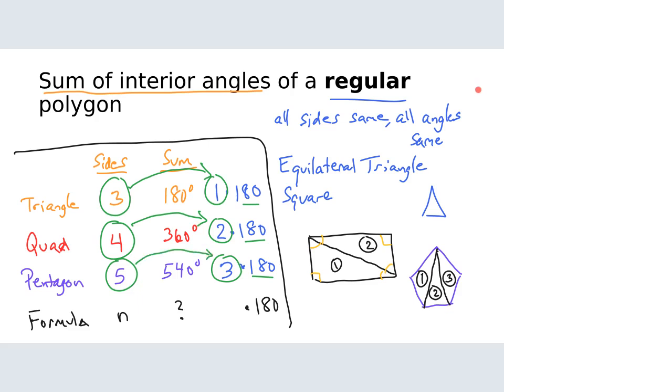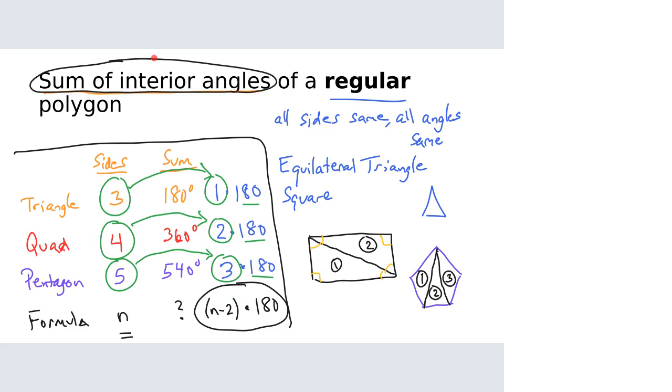So if I'm going to have n sides, then I'm going to multiply (n minus 2) times 180. And that is how I'm going to find the sum of the measures of the interior angles of a regular polygon, with this formula right here, where n is the number of sides, it's (n minus 2) multiplied by 180. And it's essentially how many triangles we would get if we chopped it up.